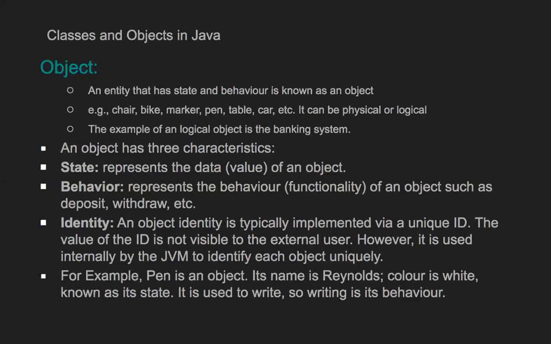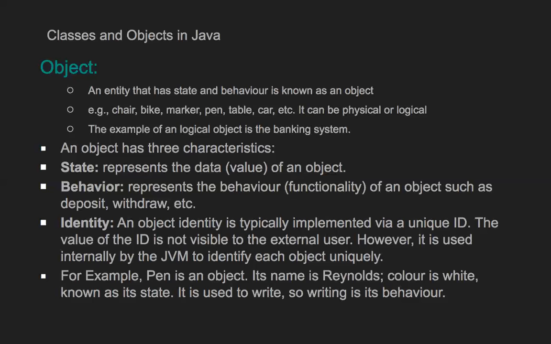As we are talking about the banking system, in a bank we deposit, we withdraw, we see the statement, and we see which branch is near to us. There are a lot of functionalities we can do within an ATM.